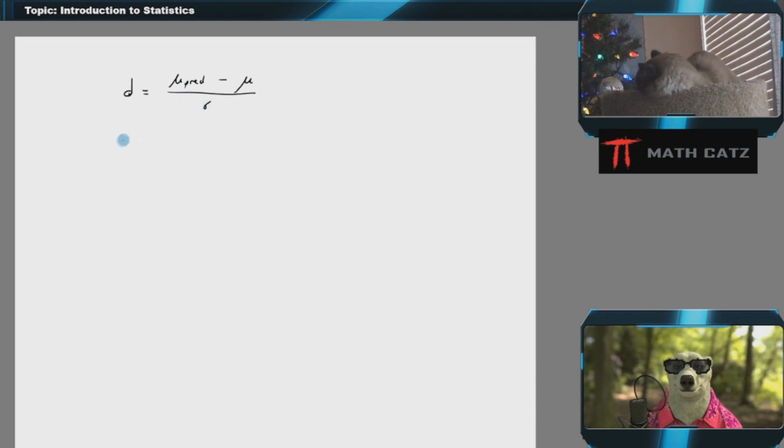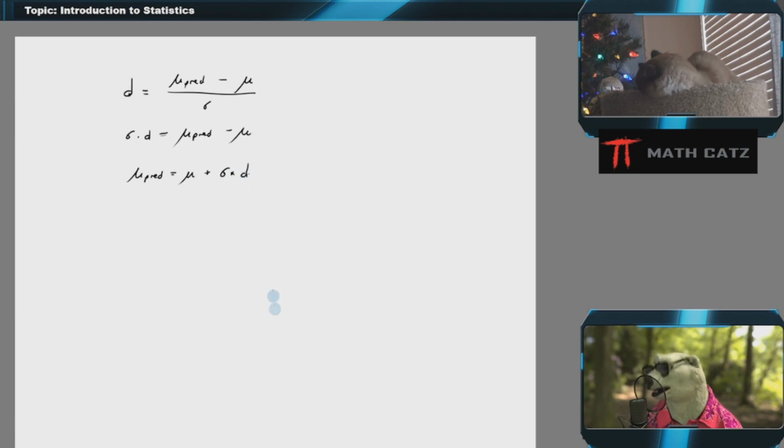So I'm going to multiply both sides by sigma and essentially solve for mu predicted. So mu predicted is mu plus sigma, we can have a little times symbol there, times D. So that's going to be my calculation.